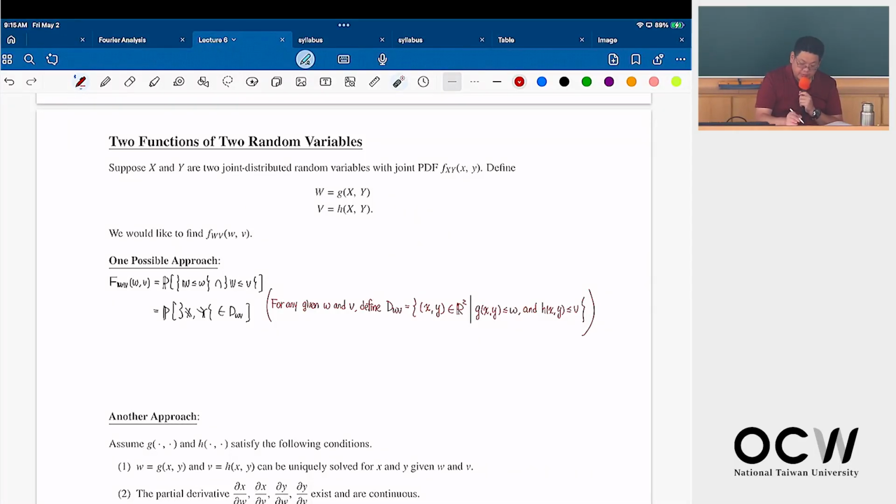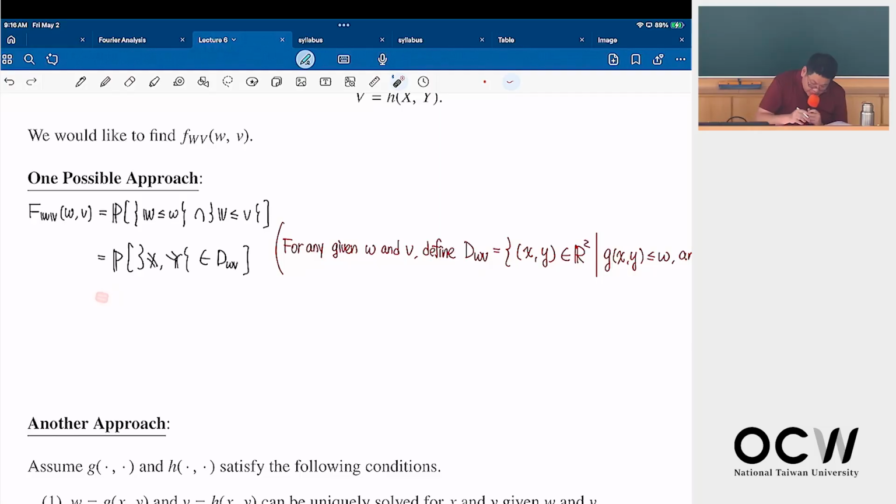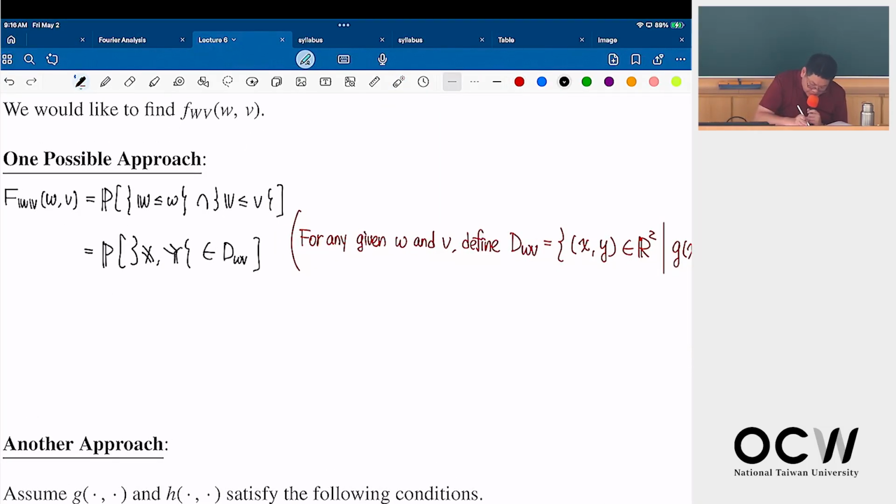And then since X and Y are in the region, that means we take the joint PDF of X and Y in the region D of w and v, and then take the integration.